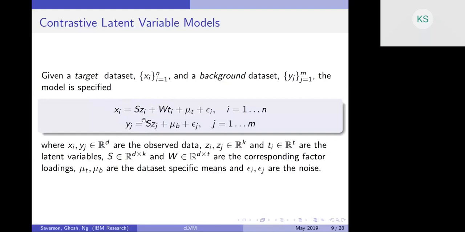So the factor loading, or transformation from the lower dimensional space to the full dimensional space, is shared amongst these two groups, whereas the target latent space is private to only our target data set. So there is no T sub j for the background samples. And then the rest of the parameters are data set specific means and noise terms.